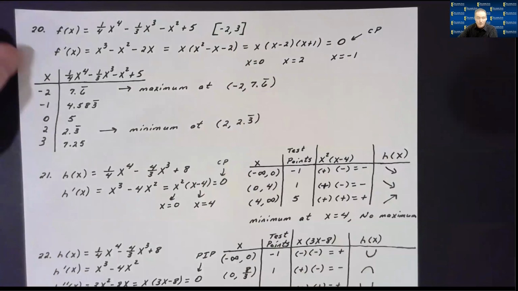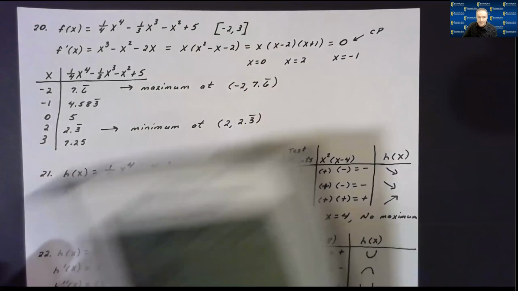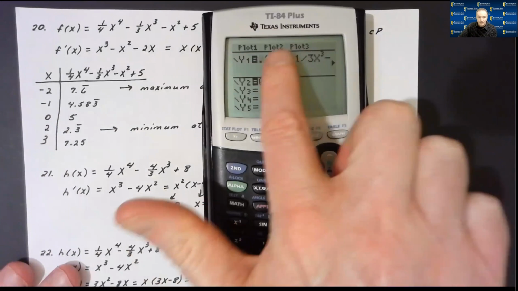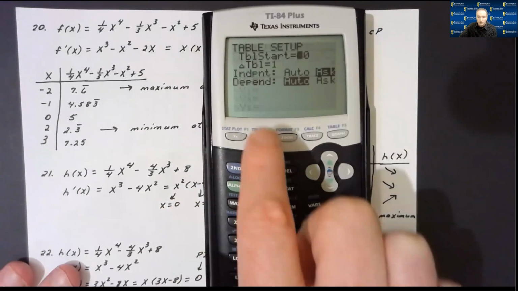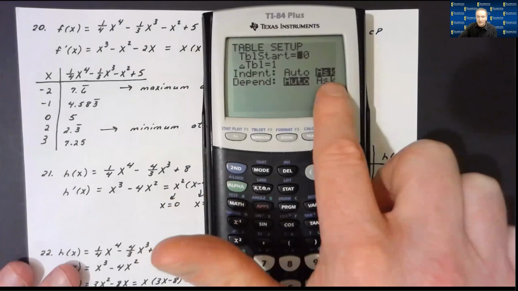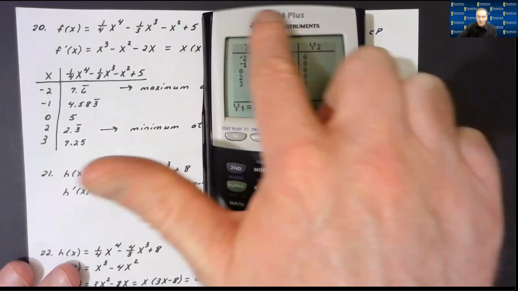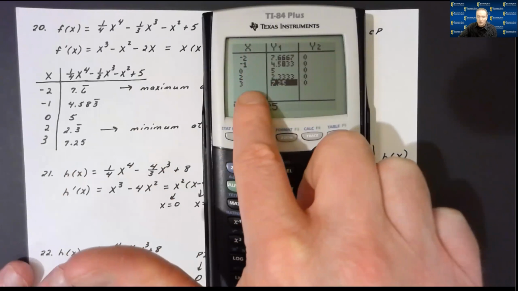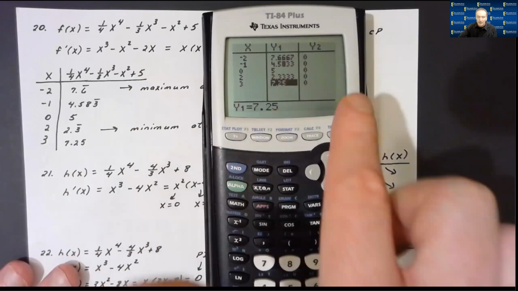I just plugged them into my calculator, and when I did that, let's see if I still have it in here. I do. I just entered my function into y1 here, and as long as you have your table set up to where the independent is on ask, you'll be able to go to your table, enter in the x values that you want. Of course, you don't need the y2, it's just the y1 that we're looking at here.